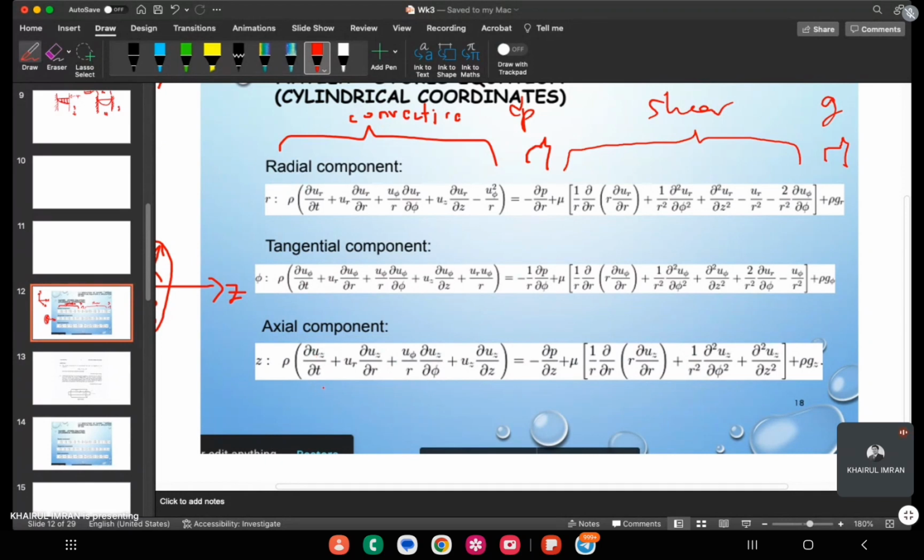Okay. So like what we have before is del u over del x. This is del u over del t plus u plus v plus w. So you have del u over del x, del u over del y, del u over del z, right? And then you have del p over del x, and then plus the mu, okay, or the shear plus rho g x. Okay. So if you notice u, this is for x component.